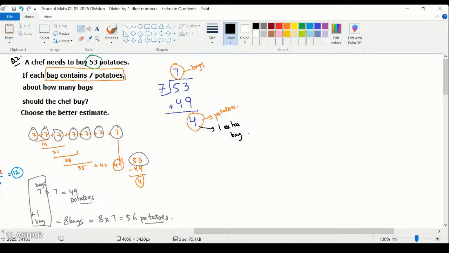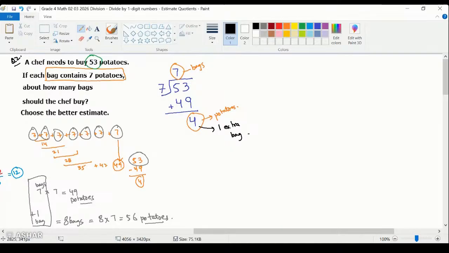We don't have to worry whether he has additional potatoes, right? If he has extra, we don't mind, but he needs to have 53. In 7 bags he had 49, but 49 was not the requirement. The requirement was 53. Agreed? That means he needs to buy 4 extra. So in order to buy 4 extra, they don't have loose 4. You cannot buy just 4 pieces.